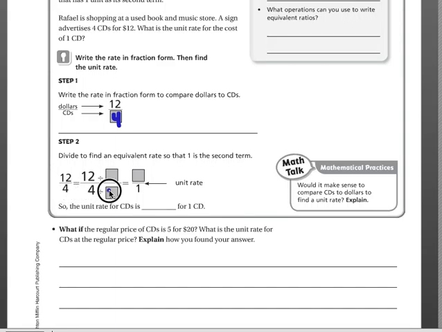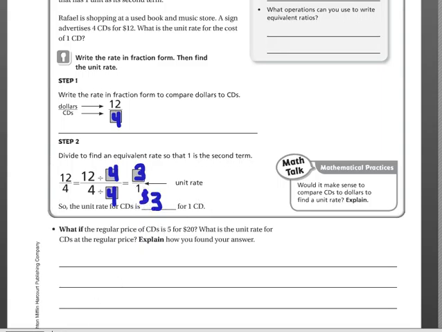Well, I would divide 4 by 4 because 4 divided by 4 equals 1. And remember, with fractions, what you do to the bottom, you have to do to the top. So 12 divided by 4 is 3. So my unit rate would be 3 over 1. That means that one CD is $3. So what you want to do is first find your rate and then you can find your unit rate.